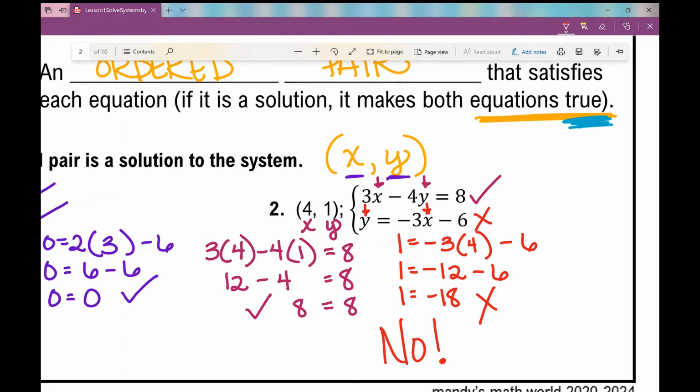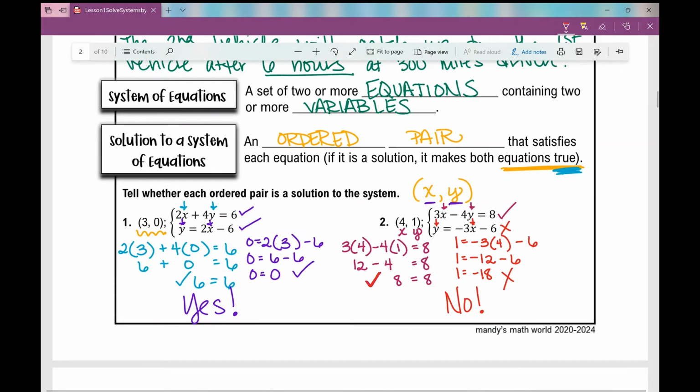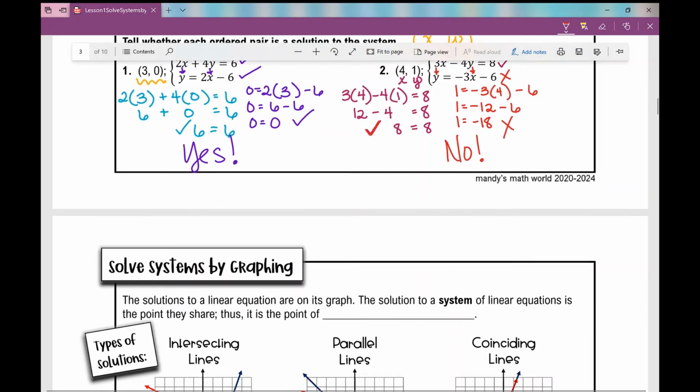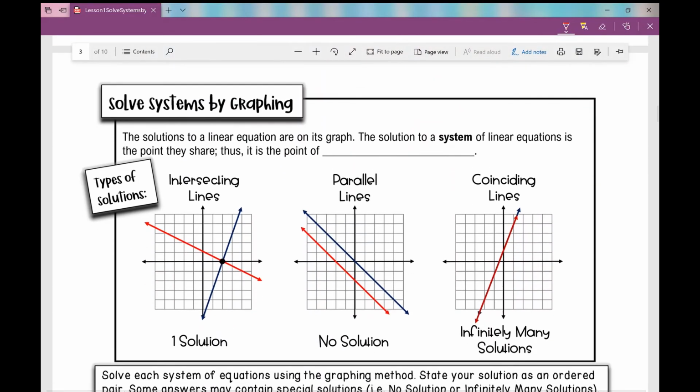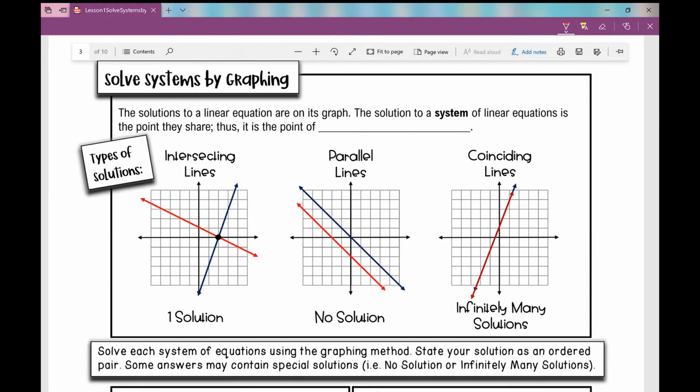Meaning, this point right here, 4, 1, is a point on this line. It is not a point on this line over here, okay? Because that ordered pair is going to be the point that they share. So that's how we do that algebraically. But today we're really going to focus on solving systems by graphing. So the solutions to a linear equation are on its graph.